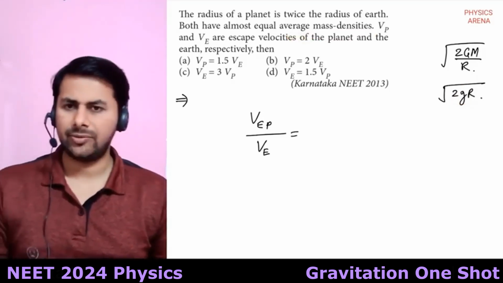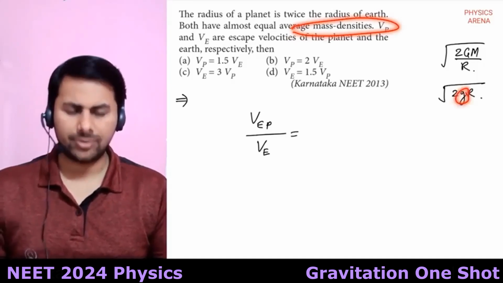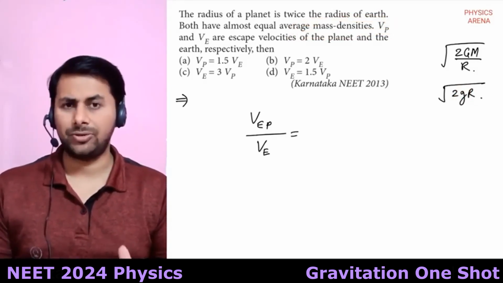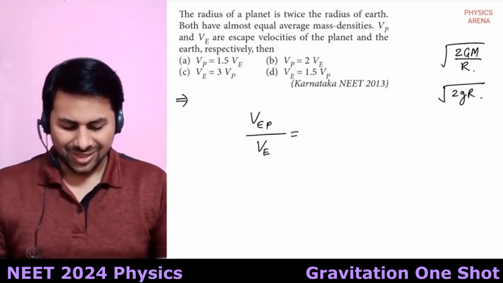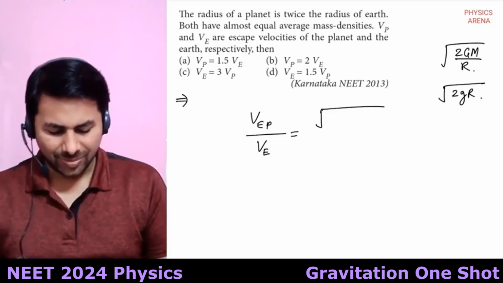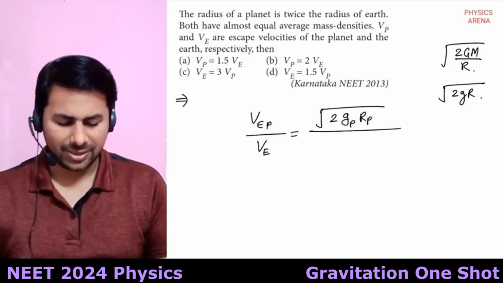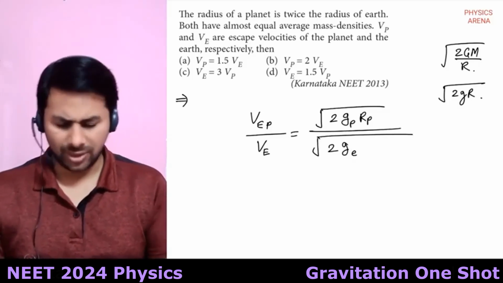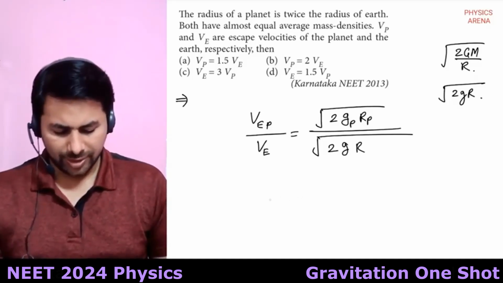Because mass density is given, we can substitute for M, M equal to 4 by 3 pi R cubed rho. So this is square root of 2G for the planet, R for the planet, divided by square root of 2G for Earth.